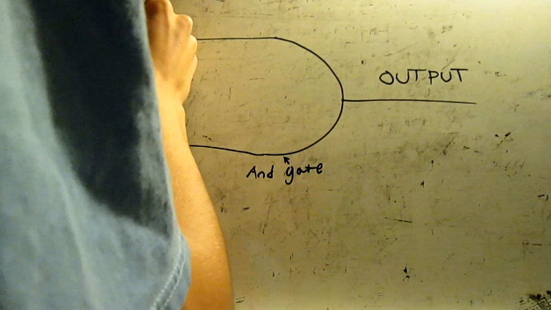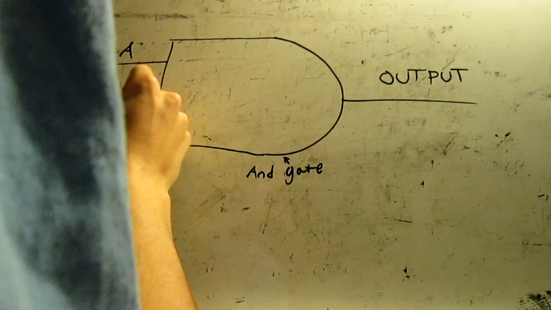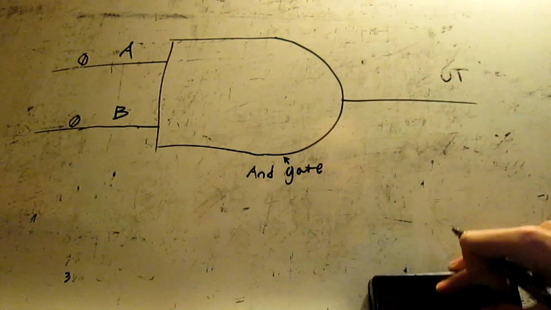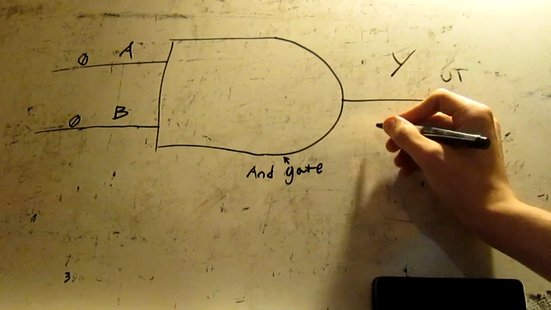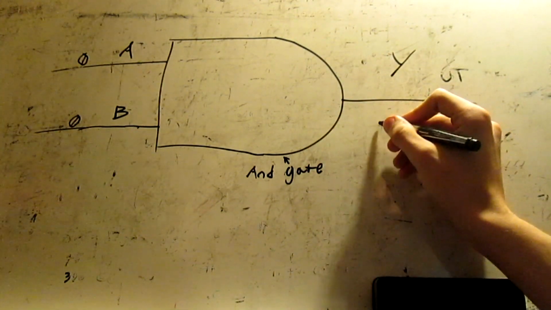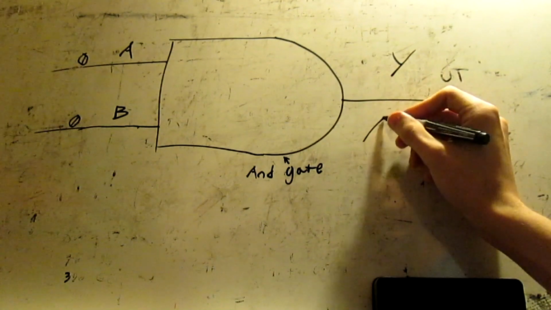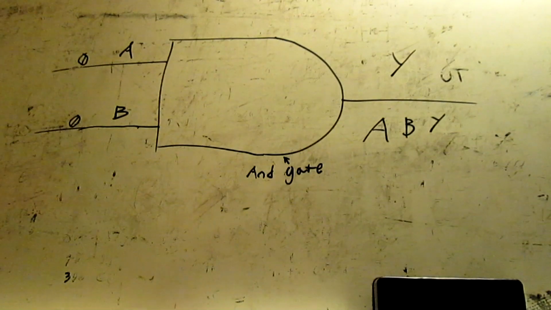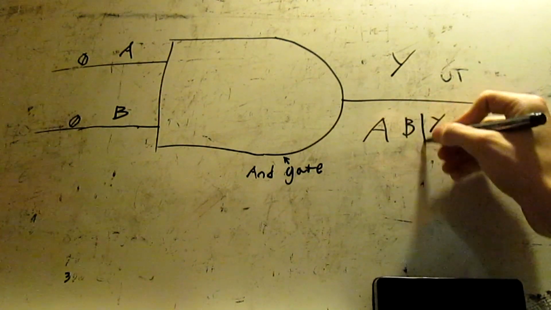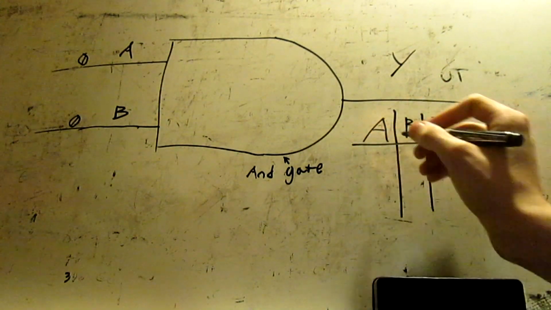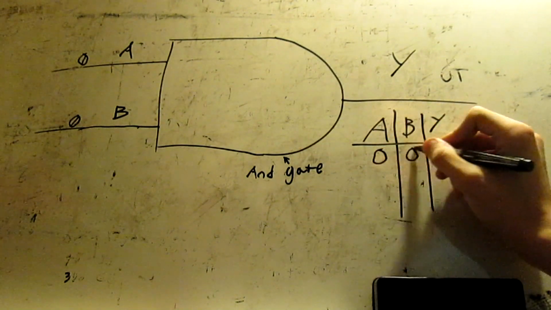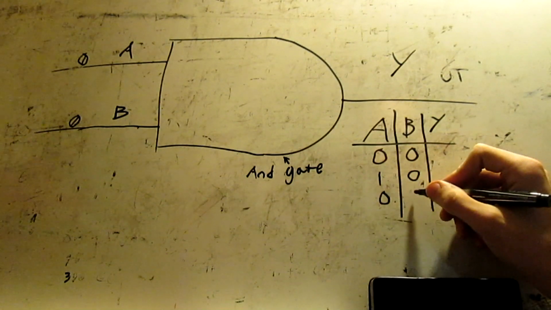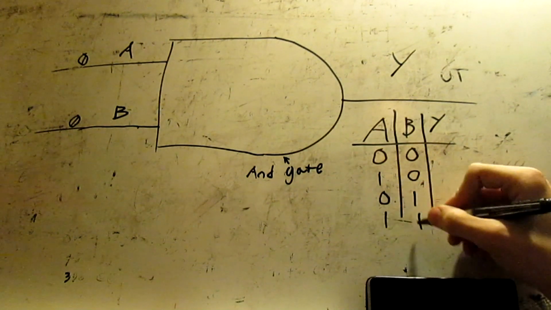If this was A and this was B, and instead of output it was Y, and we set up a truth table, so you had A, B, Y, and you did it for all the possibilities: if they were both 0, or if one was 1 and one was 0, or the other was 1 and the other was 0, or if they're both on.